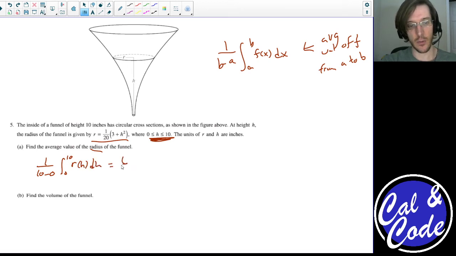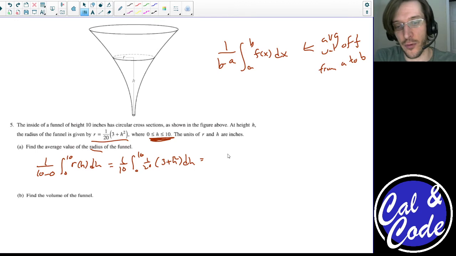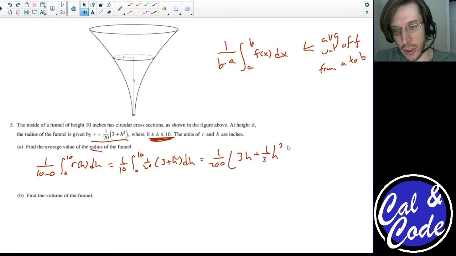So this is basically 1/10, the integral from 0 to 10 of 1/20th times 3 plus h squared dh. I'm going to bring that 20 out, so that's 1 over 200. And when I integrate this thing, I'm going to end up with 3h plus 1/3 h cubed.